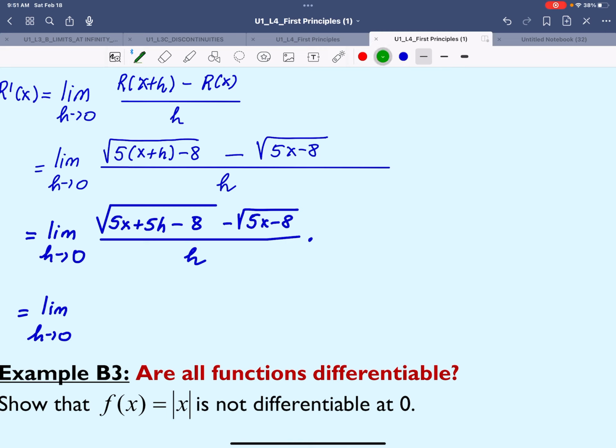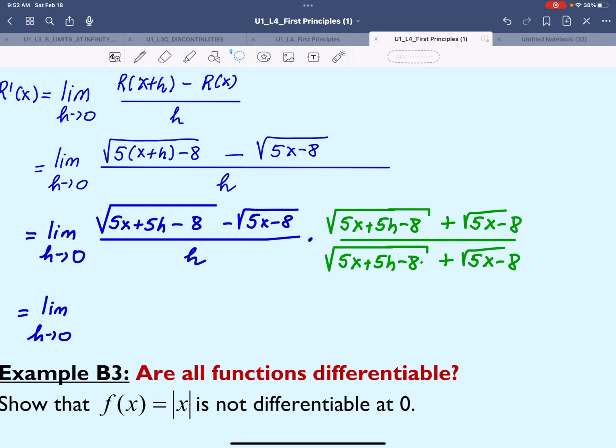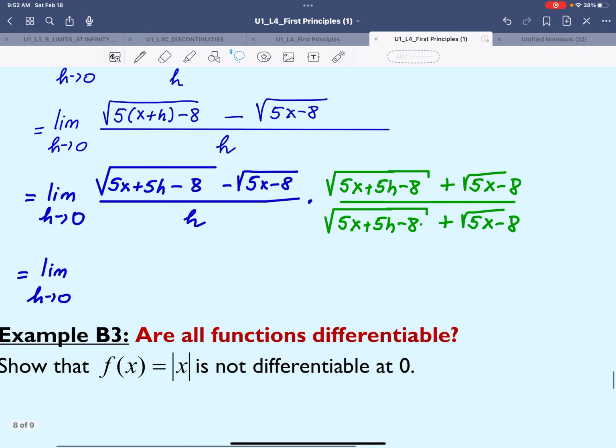So we are multiplying by the conjugate of the numerator, which is the square root of 5x plus 5h minus 8. Remember, this would be the exact same thing, instead of minus, we'll have a plus, the square root of 5x minus 8. And then we are going to multiply the denominator by the exact same binomial, 5x plus 5h minus 8 inside square roots plus 5x minus 8.